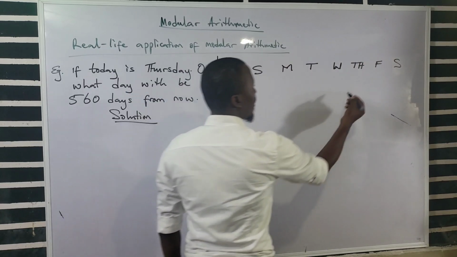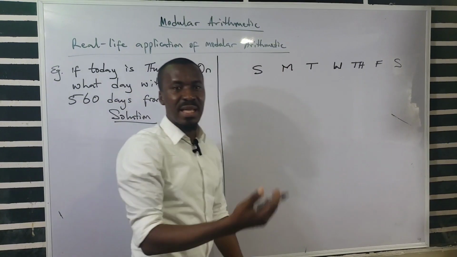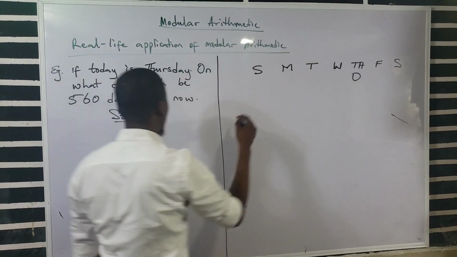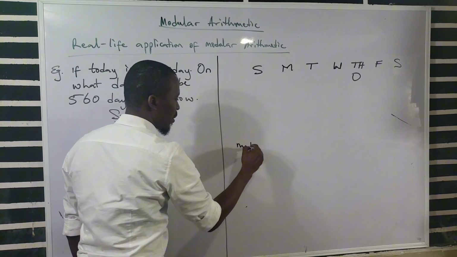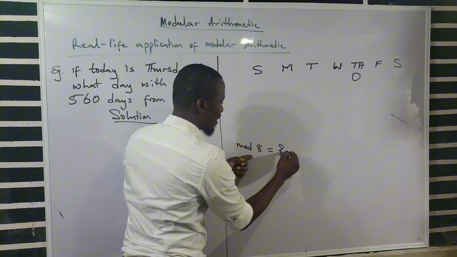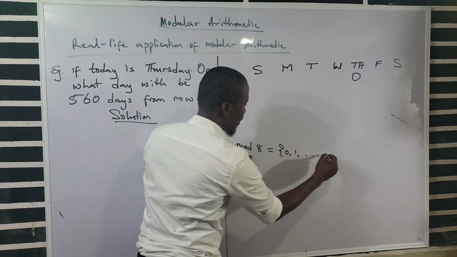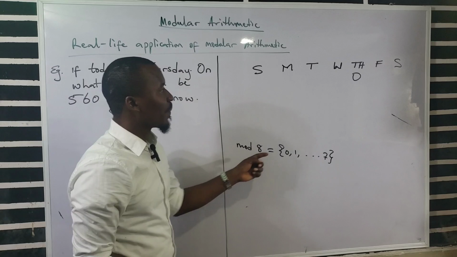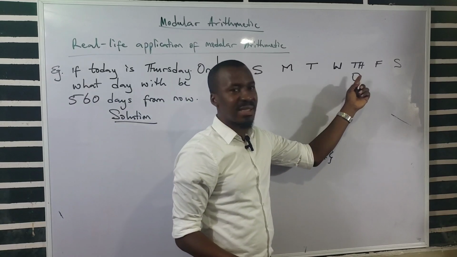So the point that you are starting, you take it as 0. Remember, if we have modulo, let's say modulo 8, we have the digits under modulo 8 as 0, 1, continuing to 7. So that's how we are going to start.